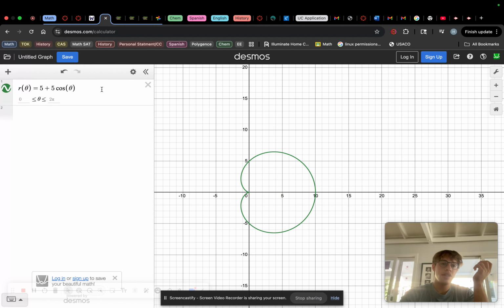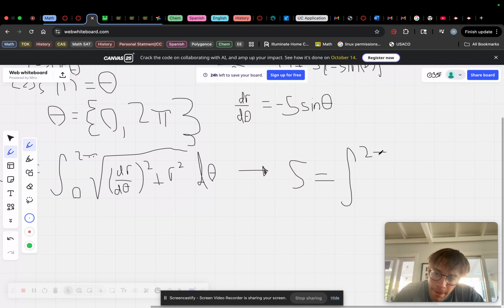All right, so now we can plug that back into our equation right here. So now we know S equals, and we have our bounds from earlier, the integral from 0 to 2 pi of the square root of dr d theta squared, which is negative 5 sine theta squared, plus r squared, and we know r is just 5 plus 5 cosine theta.